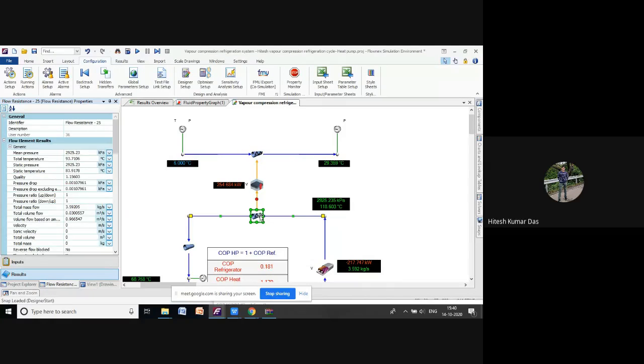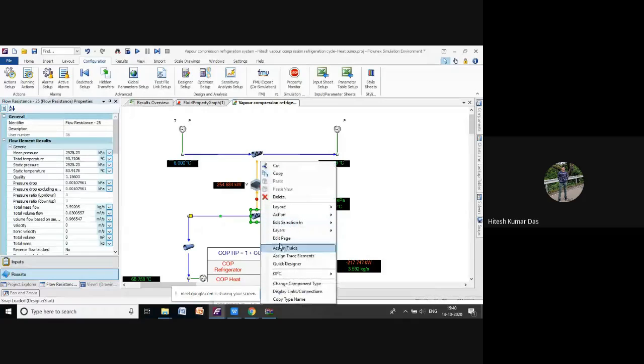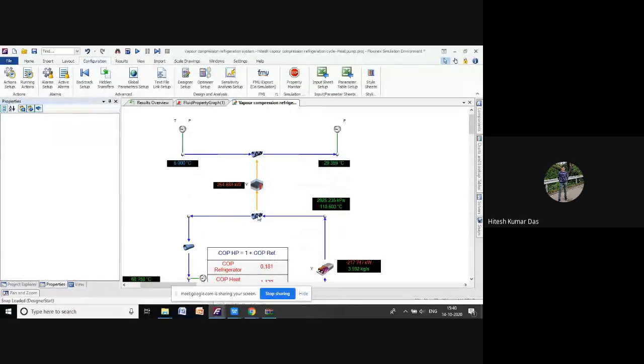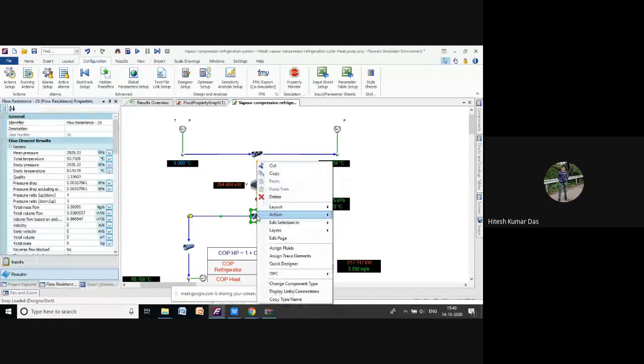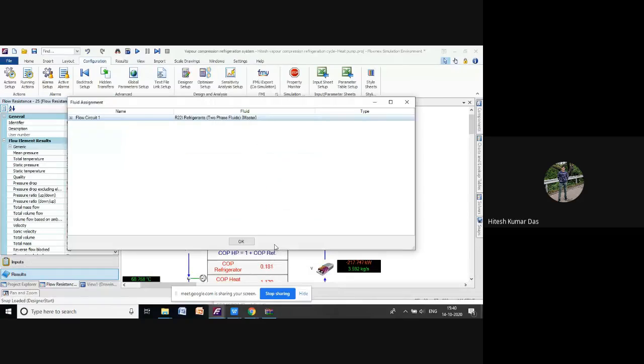Here, just click on any component and right click on it. You can see one option, assign fluid. Here you can assign whichever fluid you want to use. Just click on it. As the refrigerant is flowing in this path, we are using R22 refrigerant, which is two-phase flow.